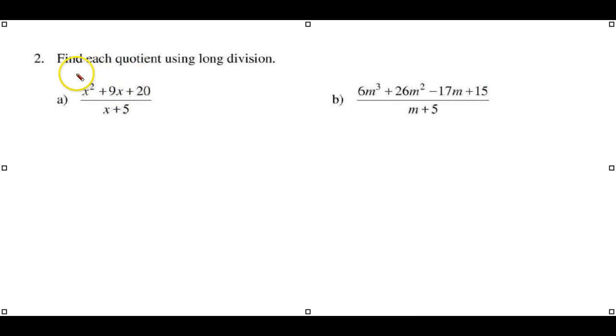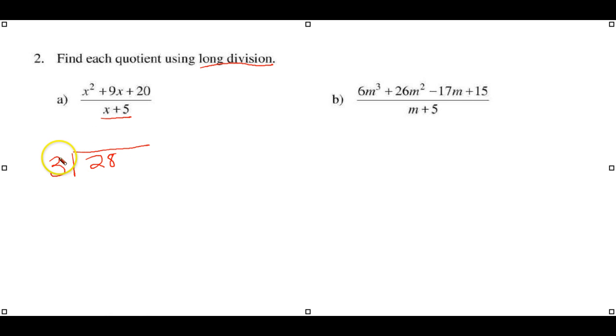Now we're going to do what is called long division. That is when you have a binomial that you'll divide into a trinomial. Now let's give you a little example of something. If we had 3 divided into 28, very simple.